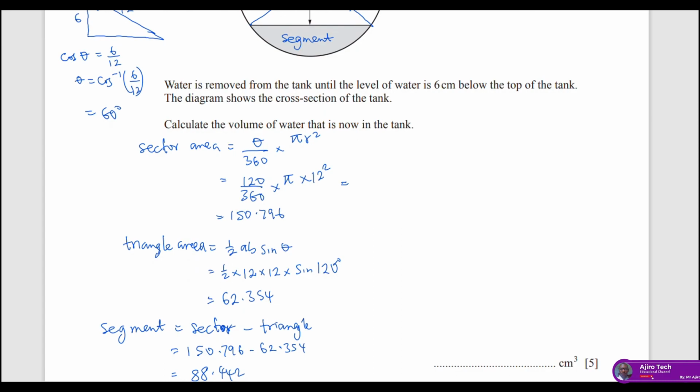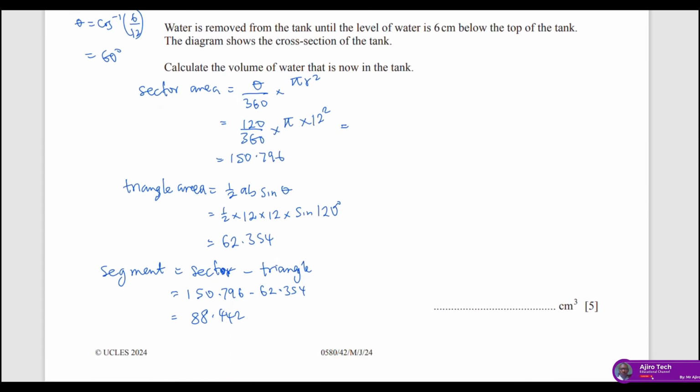So with this, calculate the volume of water in the tank now. This is the sectional area. Volume is the sectional area times the perpendicular length. The sectional area is 88.442, and the length is 100 centimeters.